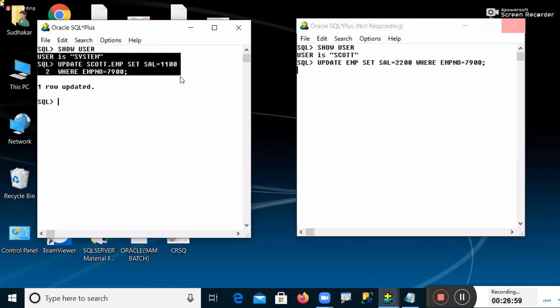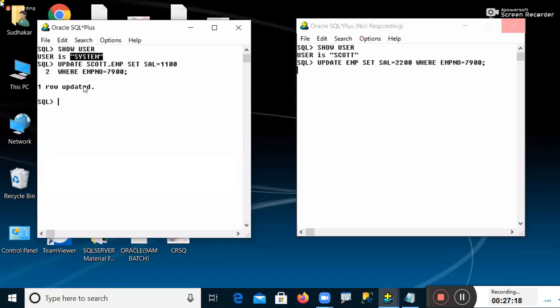Now, if the second user, Scott, wants his request processed, what should be done? The first user, the system user, must either commit or cancel the transaction.